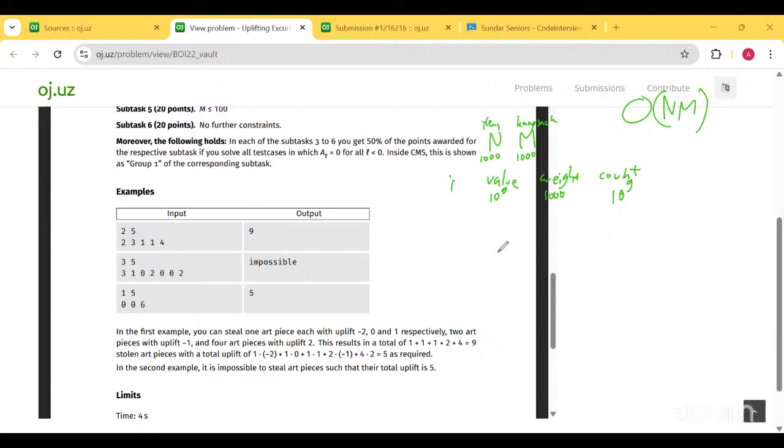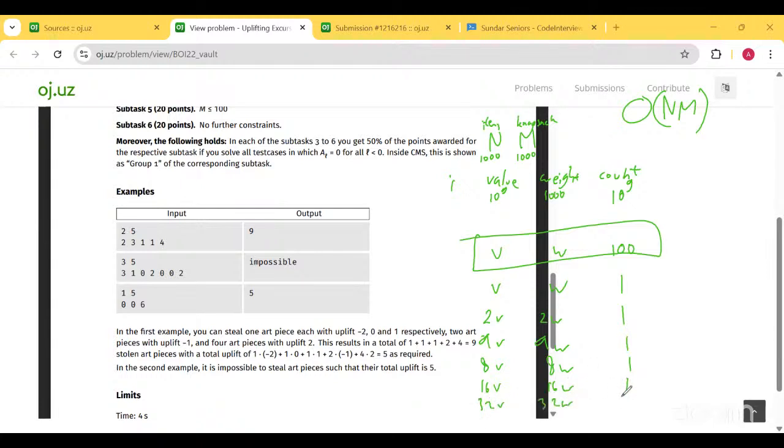So let's assume, for example, there is a value v, the weight w, and the count is for example 100. Then we can divide into some parts. The parts are (v, w), then (2v, 2w), then (4v, 4w), (8v, 8w), (16v, 16w), (32v, 32w).